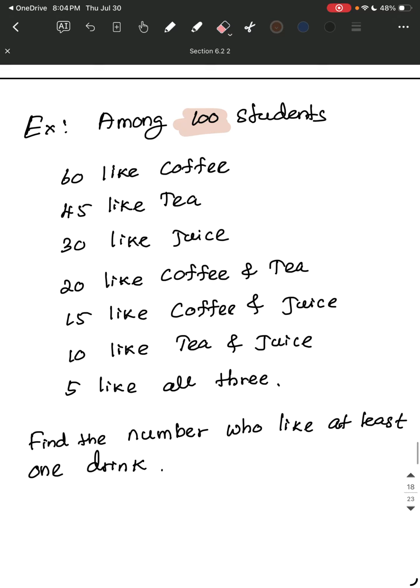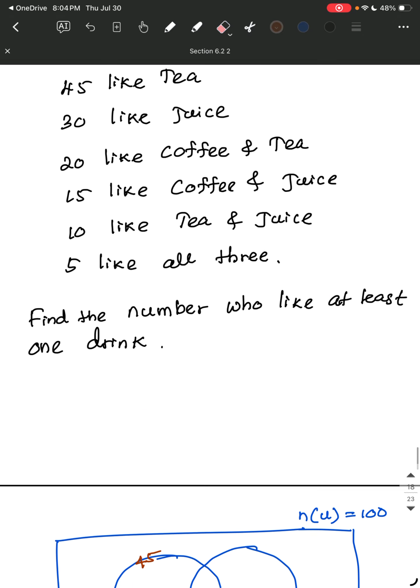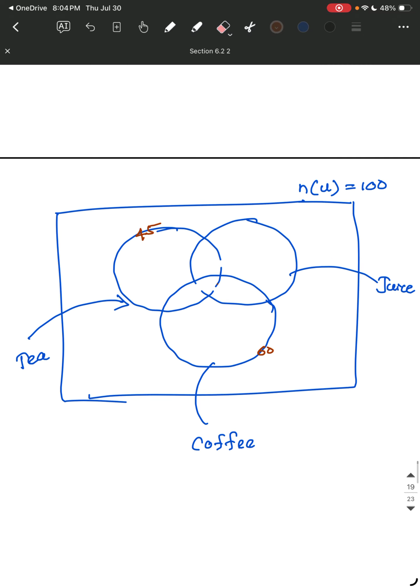That means all 4 spaces in that circle, the total equals 45. Also, it says 30 like juice, the total in all 4 spaces equals 30. I'm sorry, it's 30.